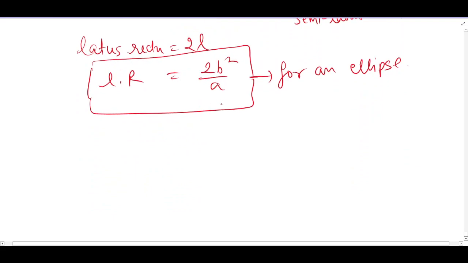So the last curve of conic section is hyperbola.